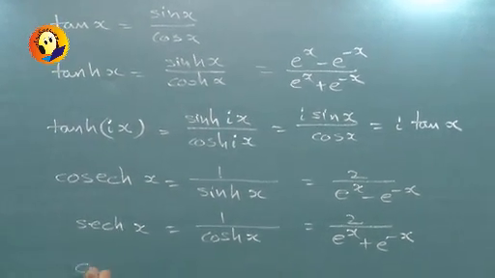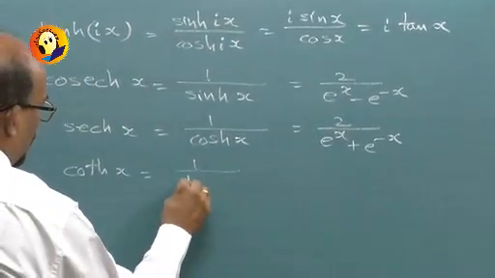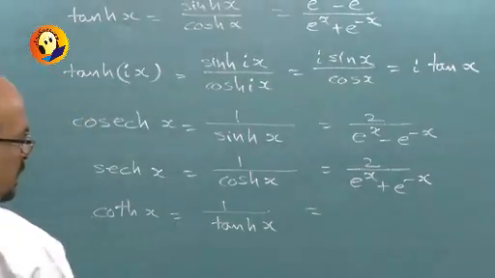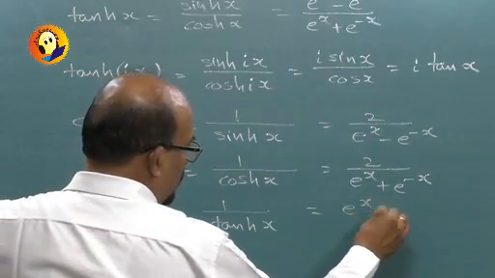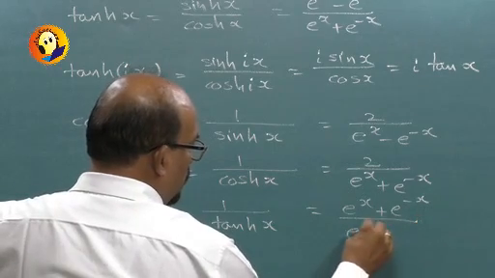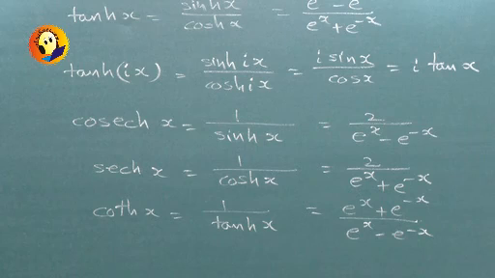And cot x is 1 upon tan x, which is nothing but e raised to x plus e raised to minus x upon e raised to x minus e raised to minus x. Probably the entire lecture of today will be only the formulae.